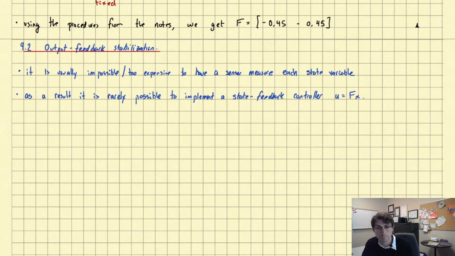And so, as you know, normally the only thing you have available to you is modeled by y, this plant output.